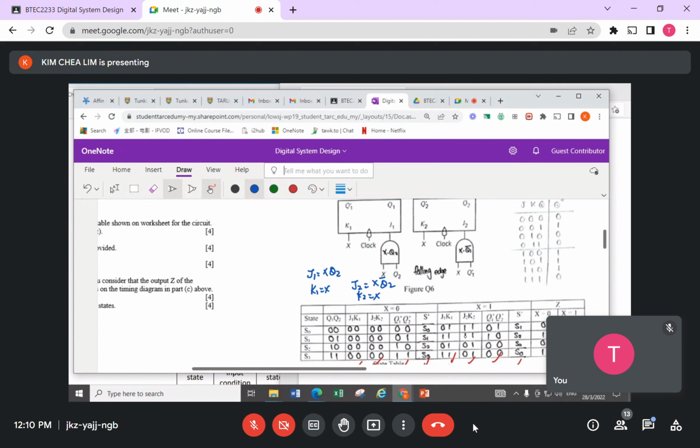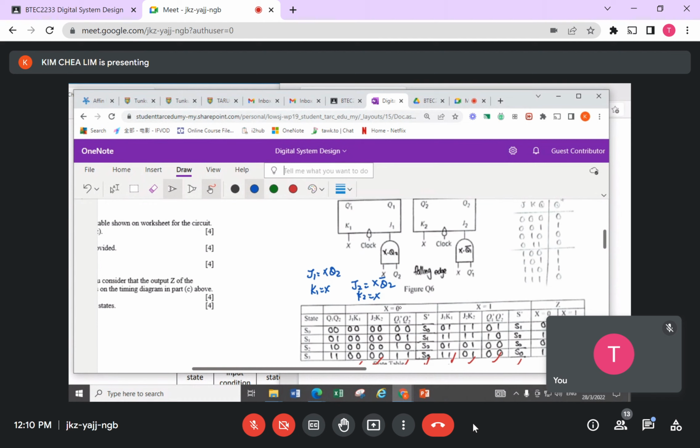So you find that here, written as 0, 1, 0, 1, same as Q2. This one is the same as Q2 bar, the opposite. That means J2 is Q2 bar. When Q2 bar is a 0, we follow Q2 bar. Otherwise, if Q2 bar is a 1, X will also be a 1.